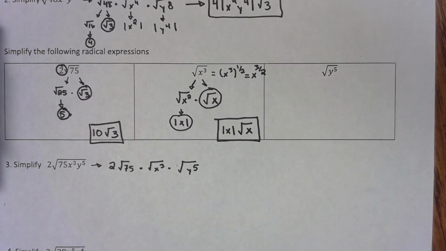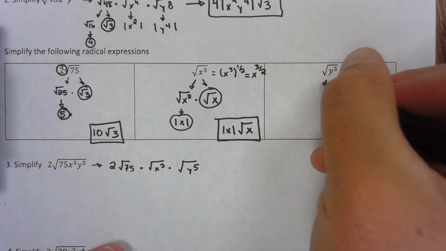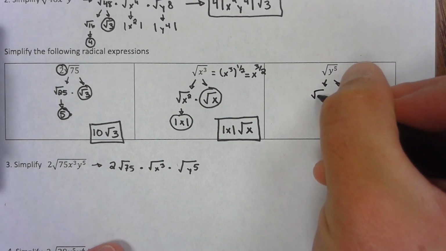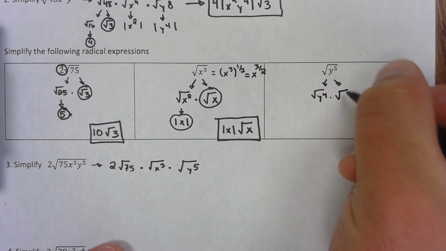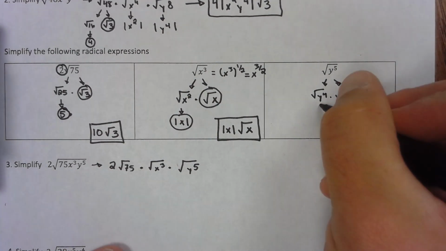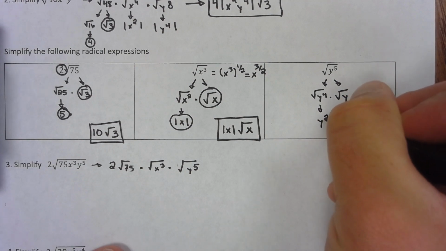And then y to the 5th, exact same idea. We need to factor it so we get a perfect square to show up. Well, the largest perfect square is y to the 4th. So I'm going to factor it to be y to the 4th times y. Square root of y to the 4th is y squared.